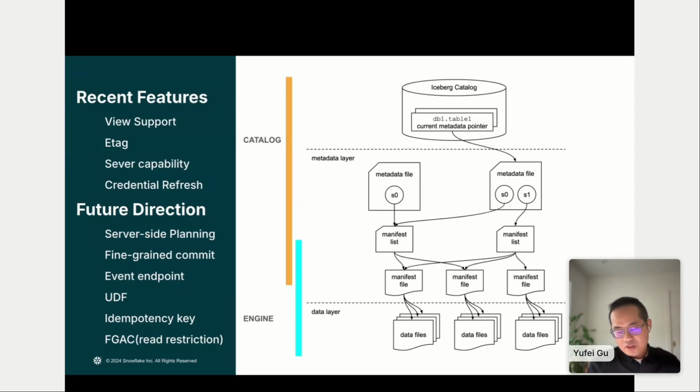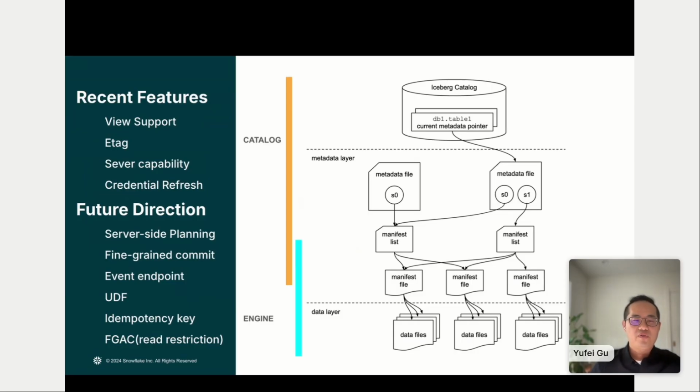So the REST catalog spec, the Iceberg REST spec, which we shorten as IRC, has actually evolved really fast. We've added a lot of features recently, like view support, ETag to improve performance when you load a table multiple times, and server capability to support compatibility across multiple service versions and capabilities. Credential refreshing is critical for any long-running job to continue to get credentials for their Iceberg tables.